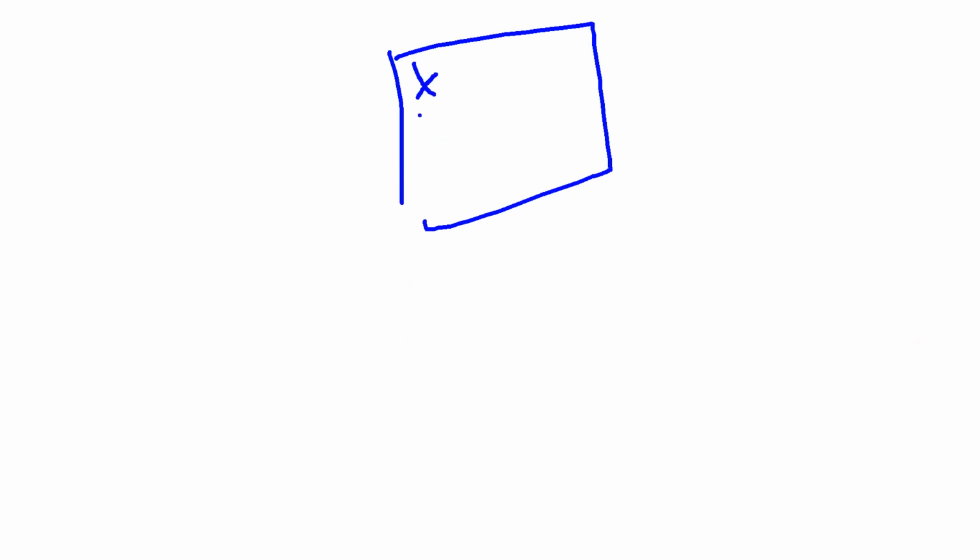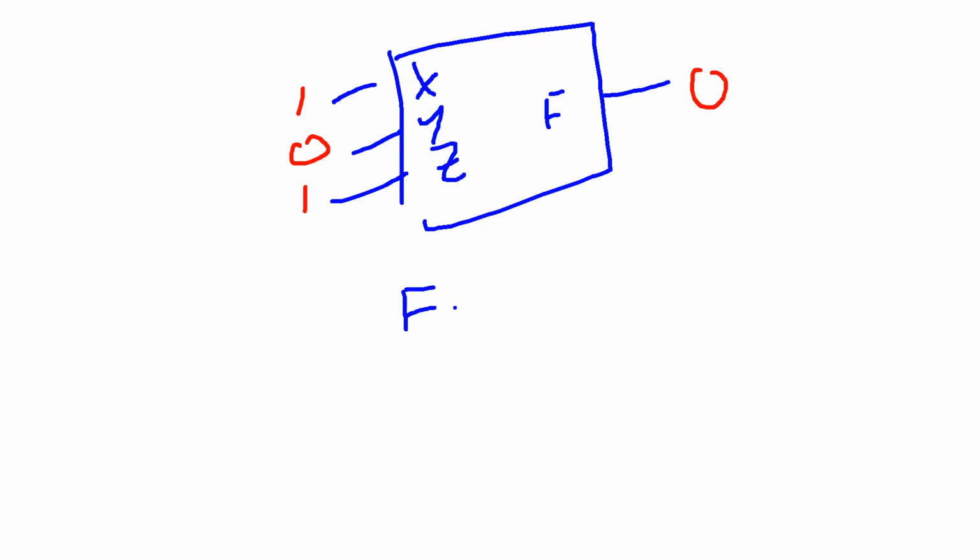How about this? X, Y, Z. If I want the function to be 0 in only one case, when x is 1, y is 0, z is 1, can you write the expression? Yes, you can. At first, since it is 0 in only one case, it must be written in OR form, a sum of all input variables. After that, you just consider whether each variable should be complemented or not.